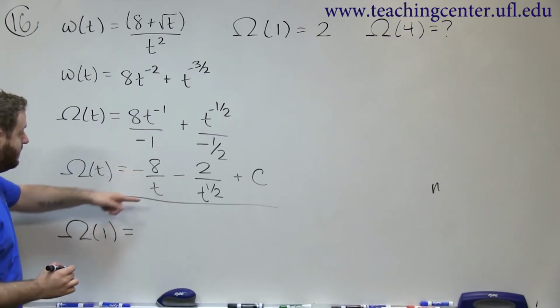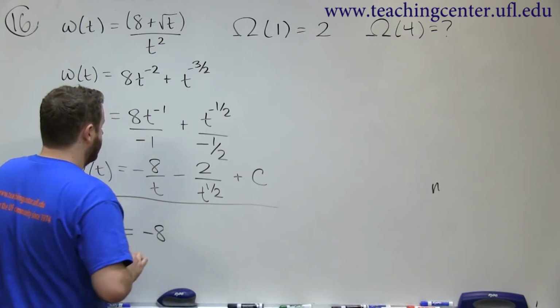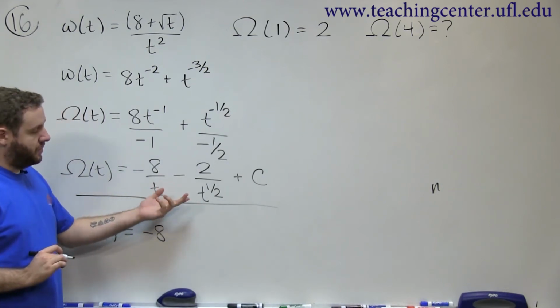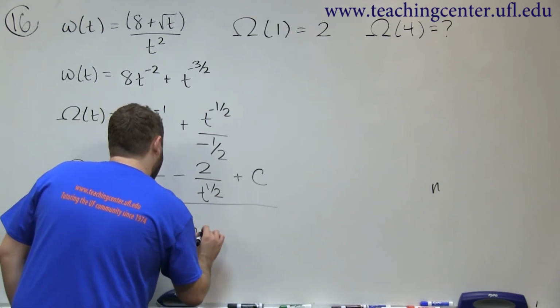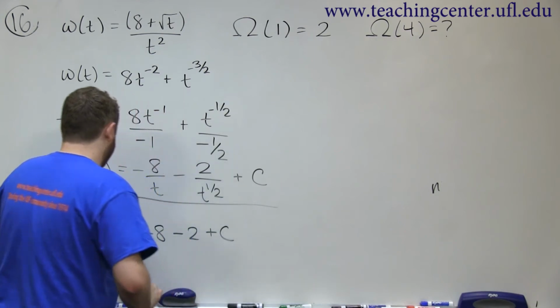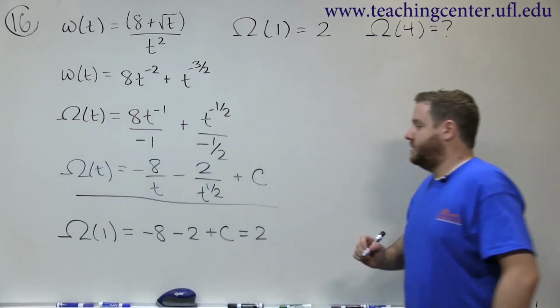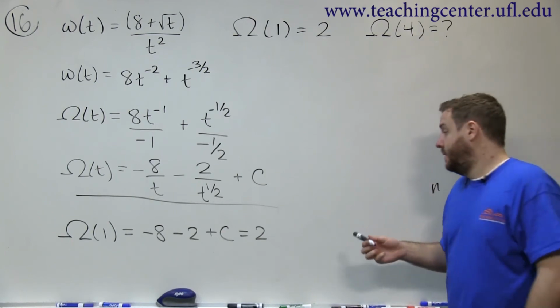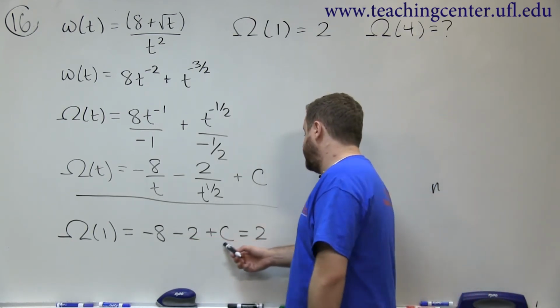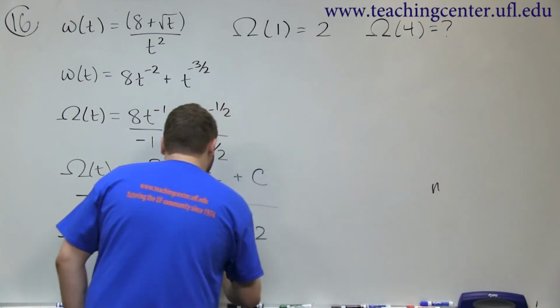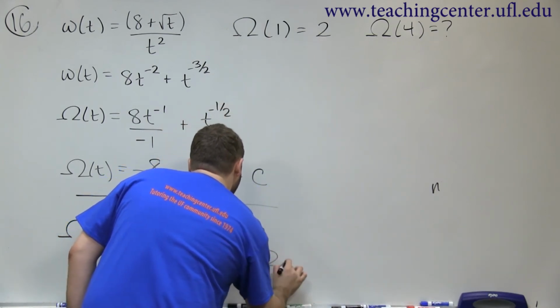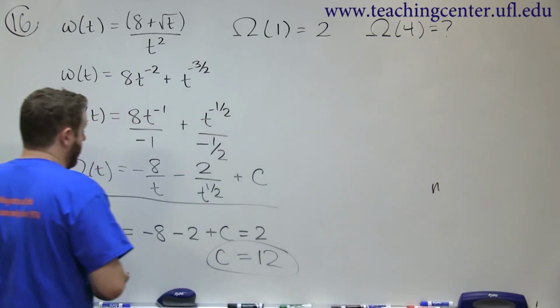Negative 8 over 1 would be minus 8. Negative 2 over square root of 1, which is 1, would be minus 2, plus c. And we know that that has to equal 2. So that allows us to find c. This is negative 10 plus c equals 2, so that would tell us that c is equal to 12.